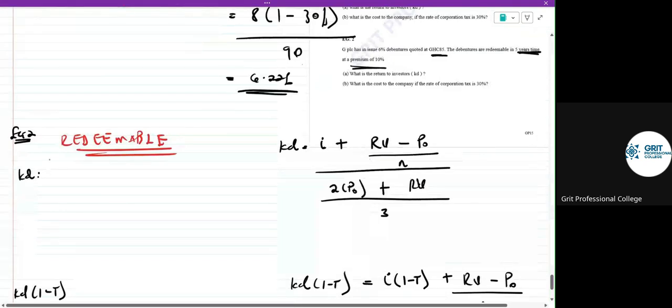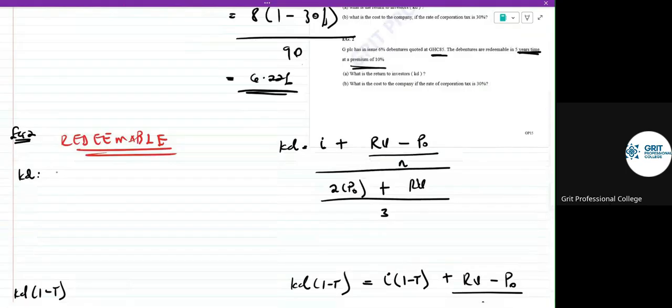To the investor, the return that they are going to get is 6% by the nominal value of 100, right? So that would be 6 as the coupon, plus the redemption value, which is at a premium, so 10% on the 100, that would be 110, just like an earlier example that we saw, minus the current price of the bond, which is 85, over 5, since the bond will be redeemed in 5 years' time.